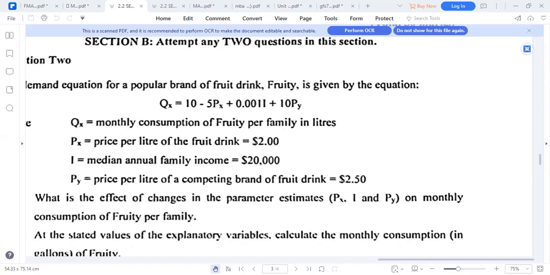And what are complementary goods? What are substitute goods? And what are complementary goods?